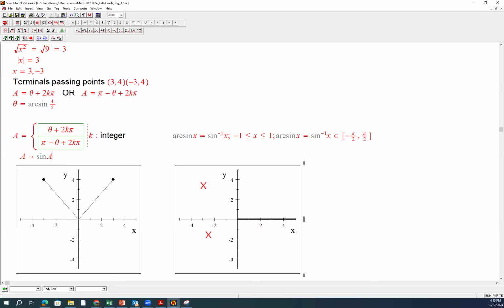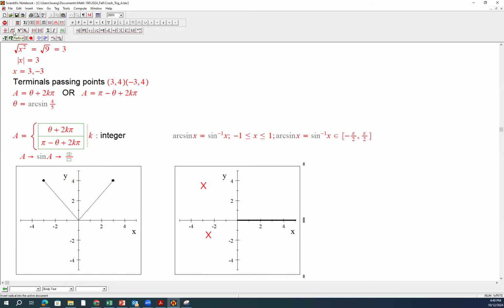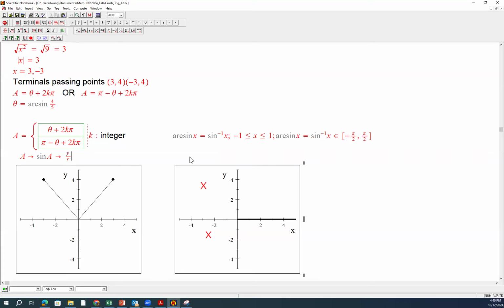It produces ratio, as we all know, y over r. Arcsine, however, takes ratio as input, we call it x. I hope this doesn't confuse with the point that we use as x. It's the ratio. Arcsine takes the ratio, we call it x, it is the placeholder, and produces angles.